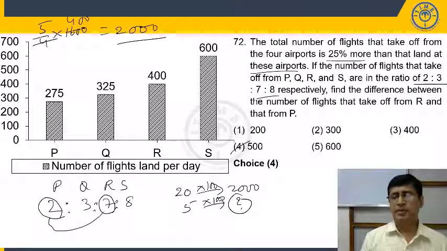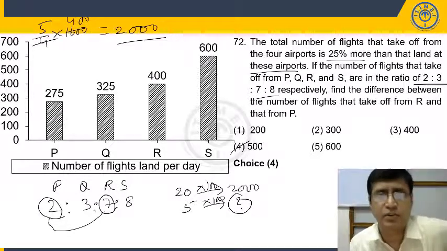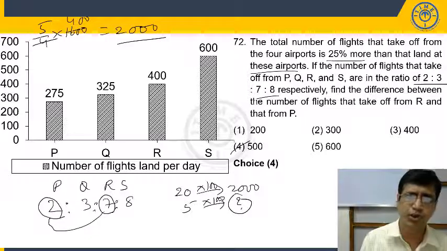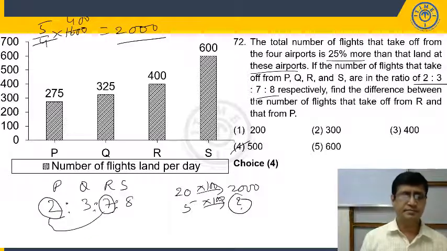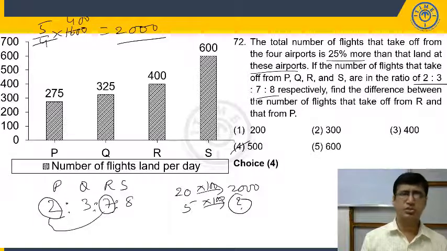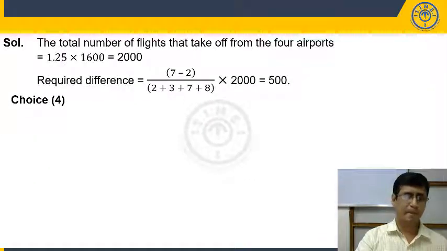Okay, so 25% more means 125%. 125% means it is 5 by 4. 5 by 4 of 1600 is 2000. Divide 2000 based on the ratio given, that is 2:3:7:8. Now need to find the difference between R and P. Okay.